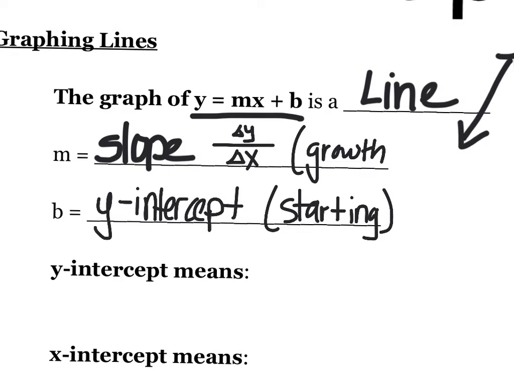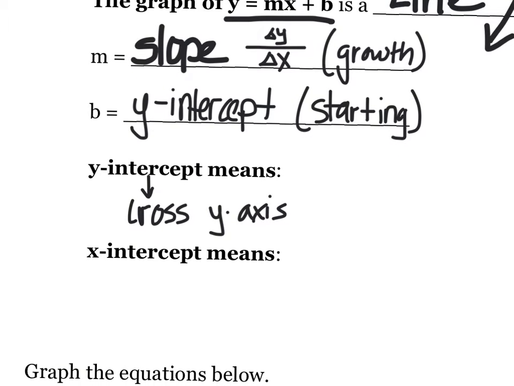And so we might grow positive, we might grow negative, we might grow by a fraction, and we'll get into all that. The last thing that's important is the y-intercept and the x-intercept. Y-intercept is where it crosses the y-axis, and x-intercept is where it crosses the x-axis.